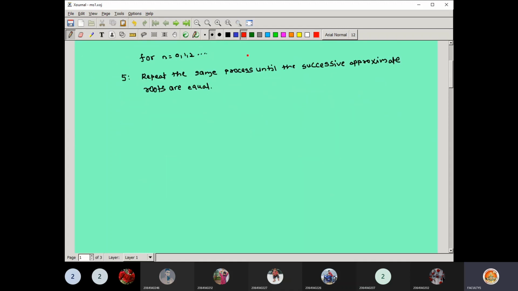So you take the first problem so that you can understand the procedure. Find a real root of the expression x cube minus 6x plus 4 equal to 0 by Newton-Raphson method.